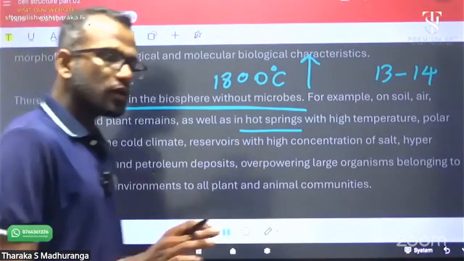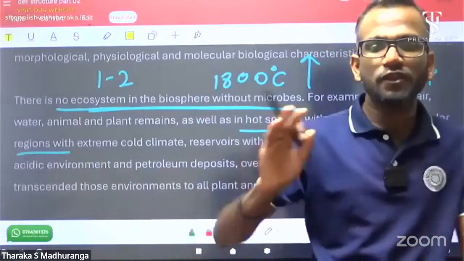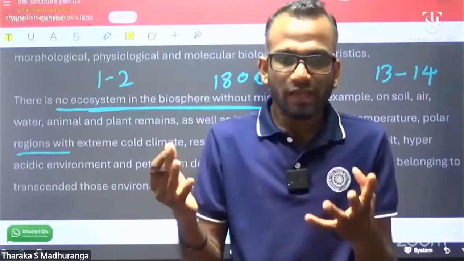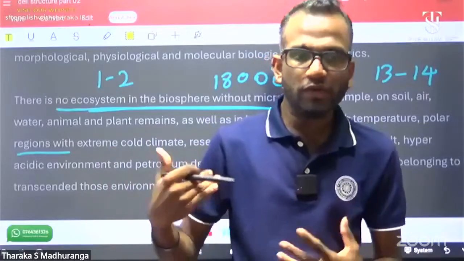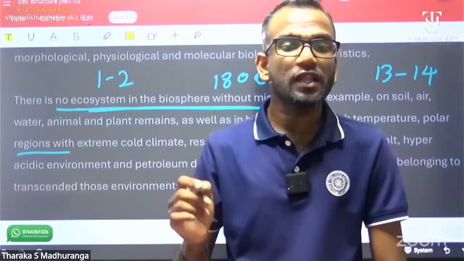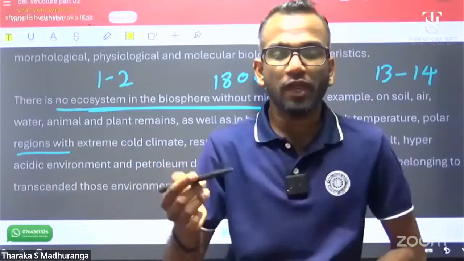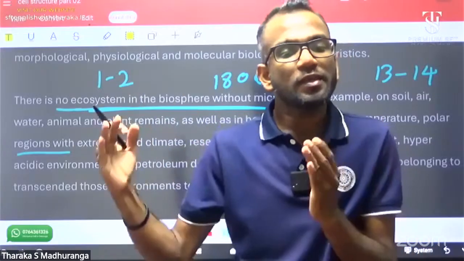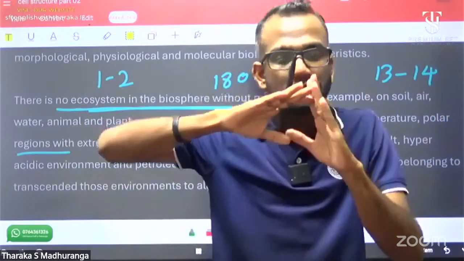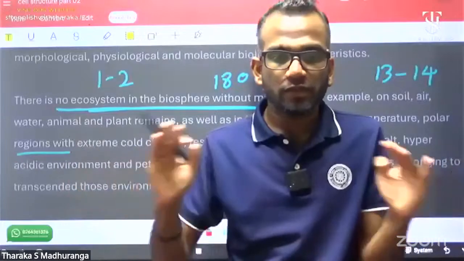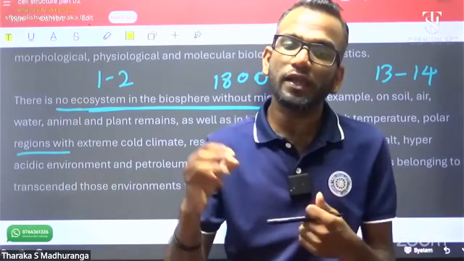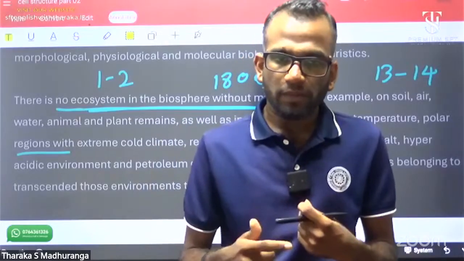Microorganisms live in normal ecosystems, where normal animals and plants live. Not only that, microorganisms live in extreme environments where plants and animals cannot live, such as polar regions, where temperatures are minus values and it is completely glacier. Inside this glacier also microorganisms are living without any problem, right?